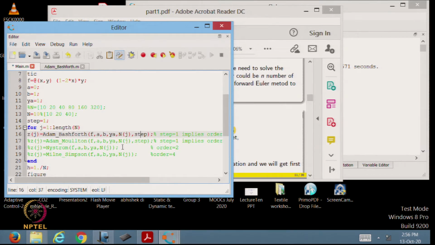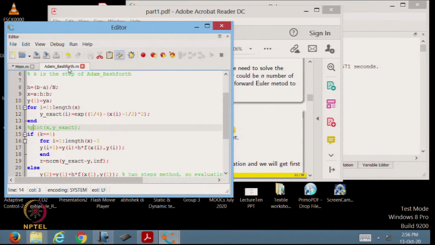Basically h will be 1 by n, and step. Step basically means which method you want to choose under the Adams-Bashforth category. So accordingly I have implemented this algorithm in the Adams-Bashforth function, which I am showing you now.